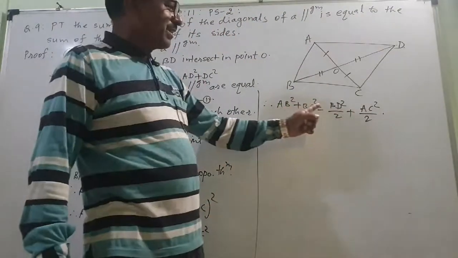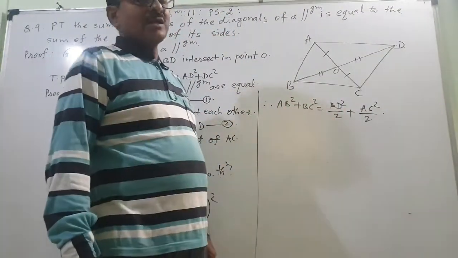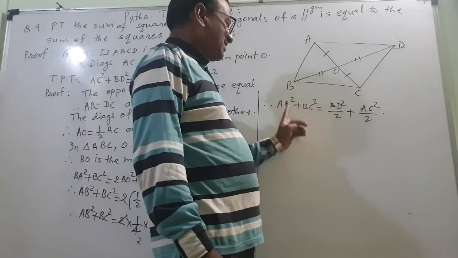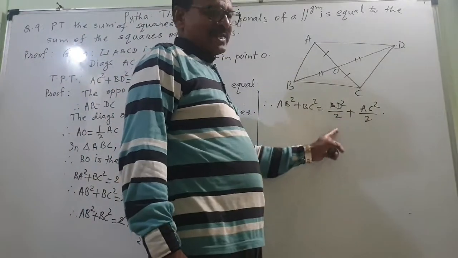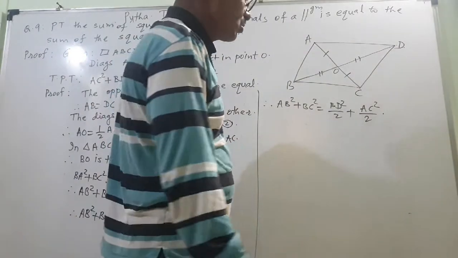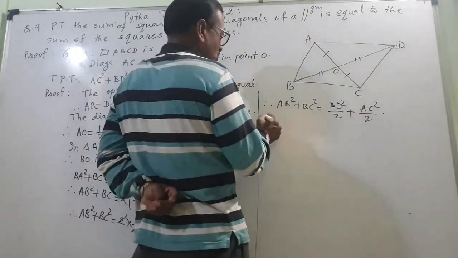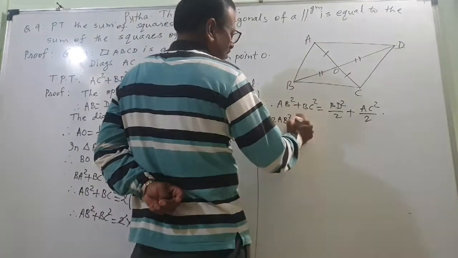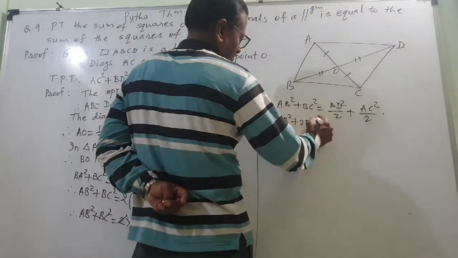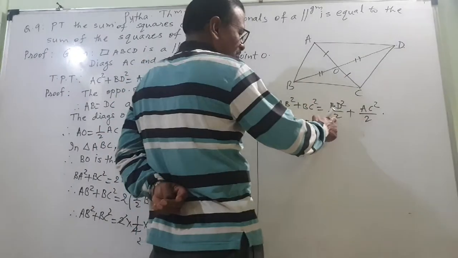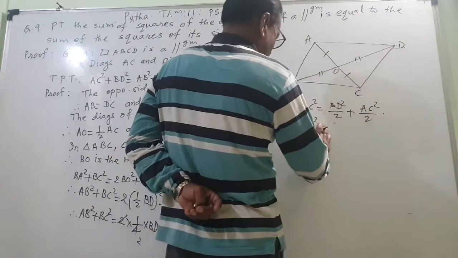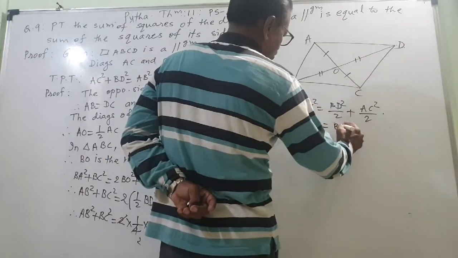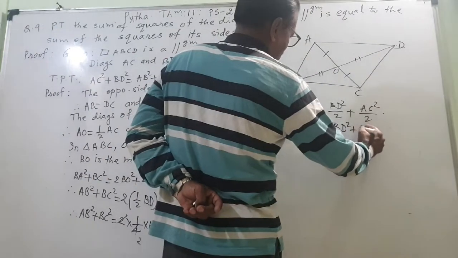Now if there is the denominator, how to eliminate that denominator? I will multiply each term by this LCM. LCM of 2 and 2 is 2. So I will multiply by 2. Therefore, 2AB square plus 2BC square is equal to BD square upon 2 into 2. So that will be BD square, this 2 will get cancelled, plus AC square.